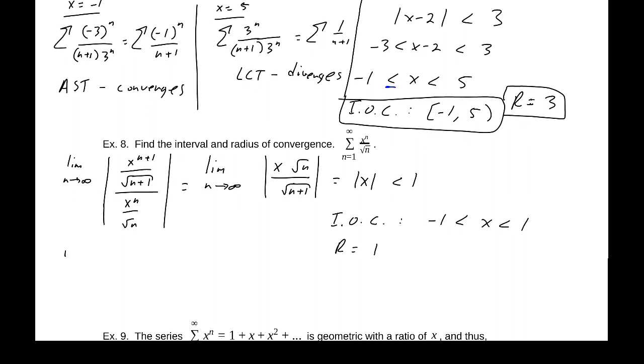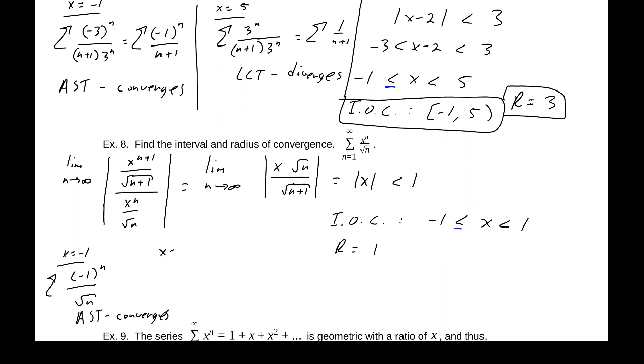If x equals -1, then that is (-1)^n over the square root of n, which by the alternating series test converges. It's a decreasing sequence, and the sequence 1 over the square root of n goes to 0. So we are going to include -1.